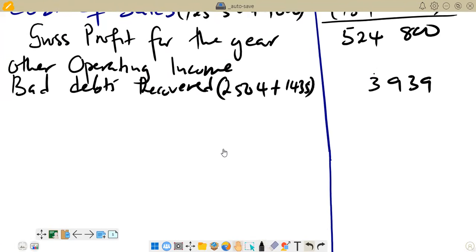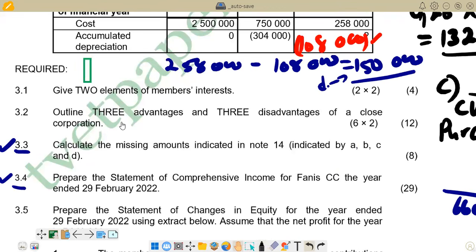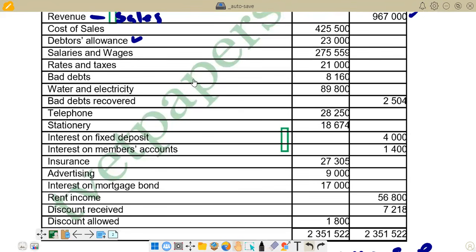Right? We go down to check again if you have got any other income. It means now we are going down. We are on trade debt recovered. We go down again to check if you have got any income that is there. Right, we have got interest on fixed deposits.